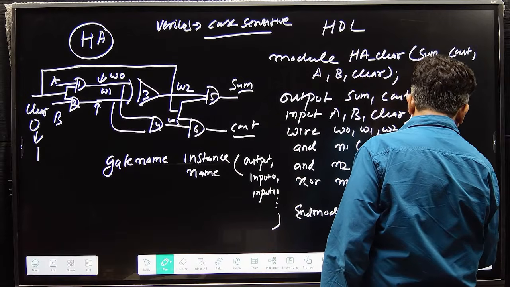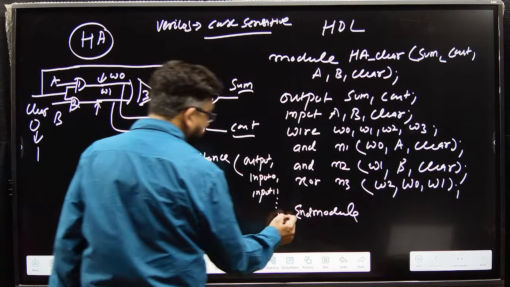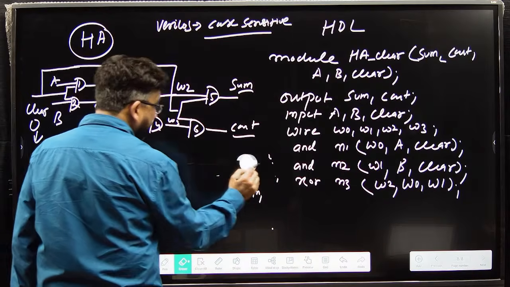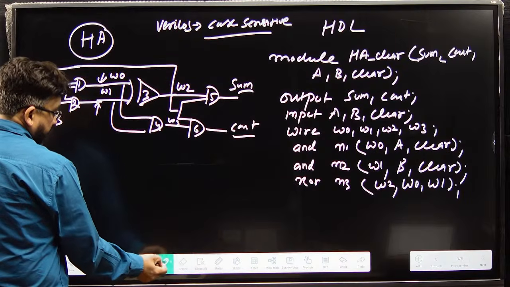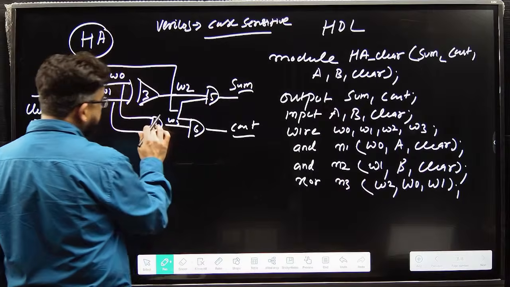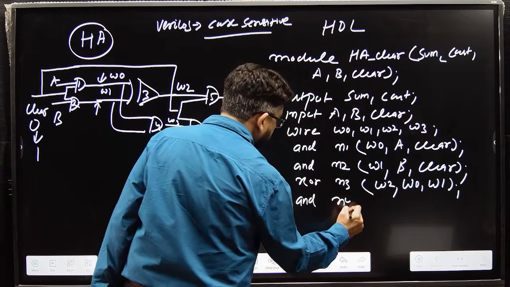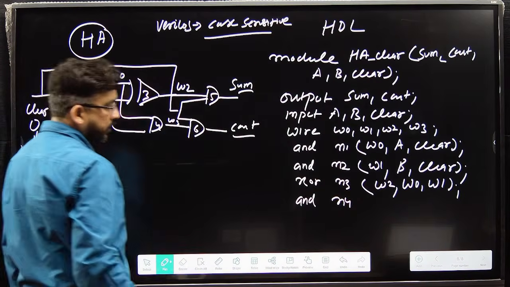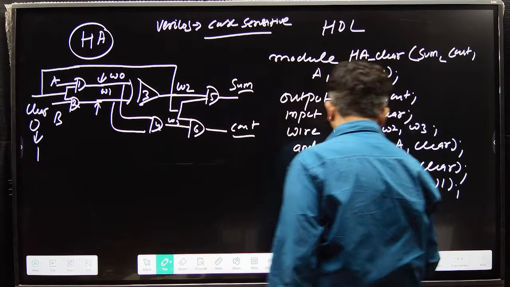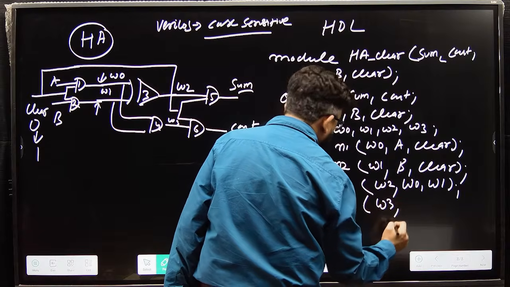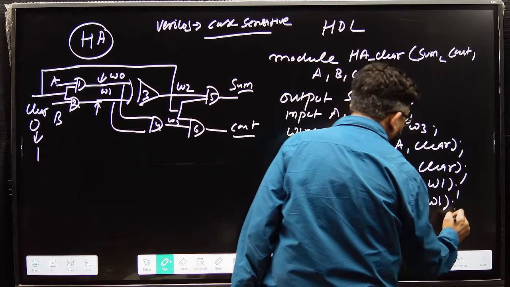Semicolon. Now what is this? AND, N4. The output is W3, and the input is W0 and W1.